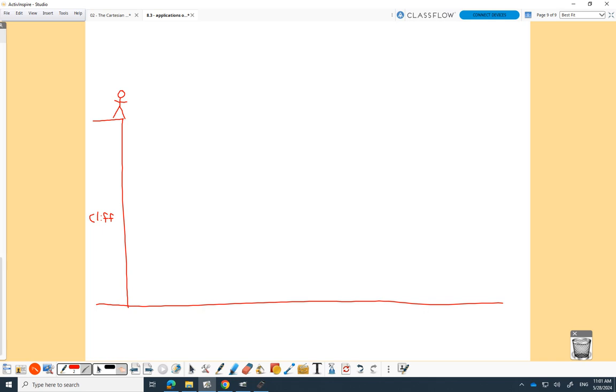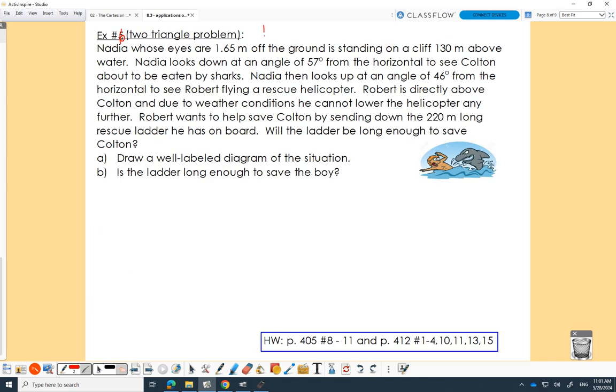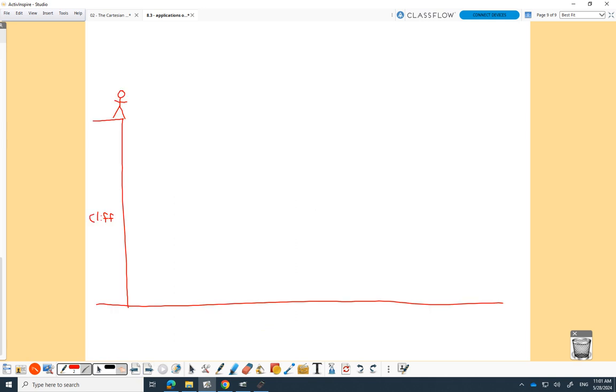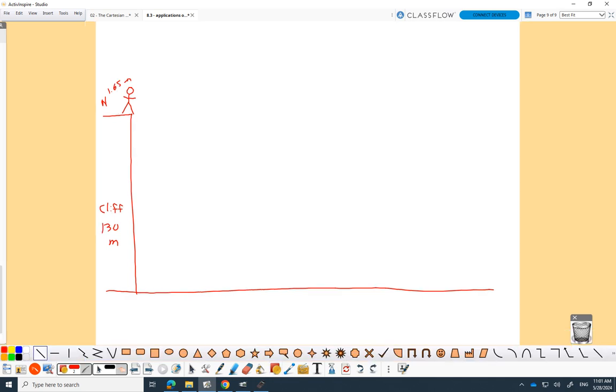Does anybody know? 130 meters. Nadia? 1.65 meters. Here's what I'm going to do. I'm going to overlay a green line on there. There's the actual triangle line there. How long is it, friends?